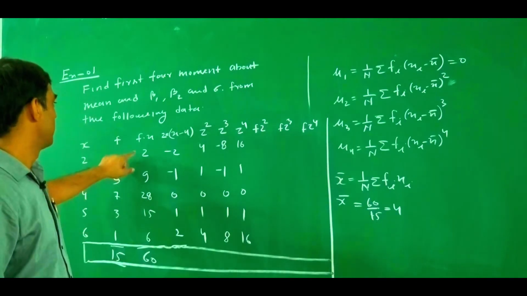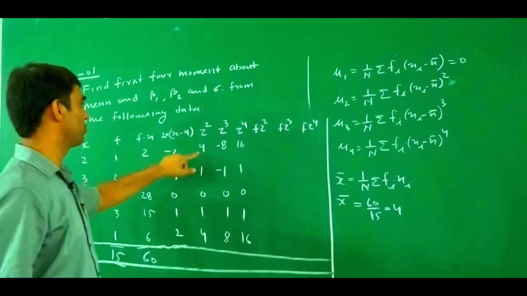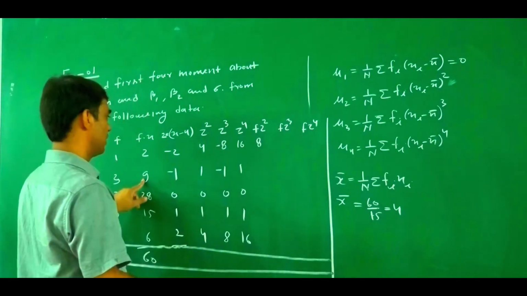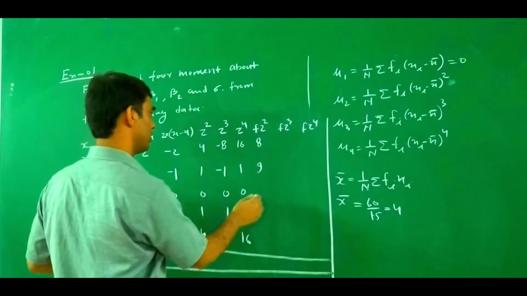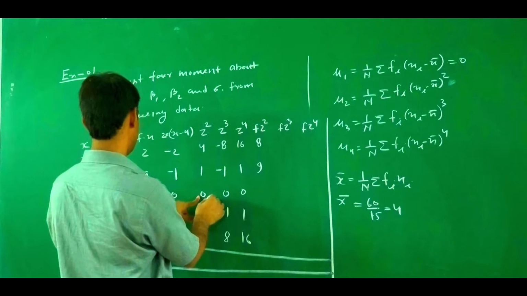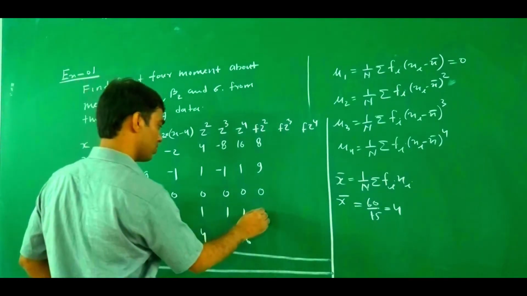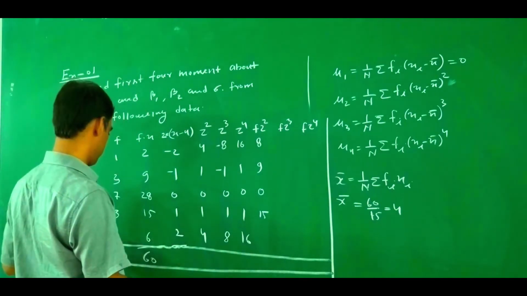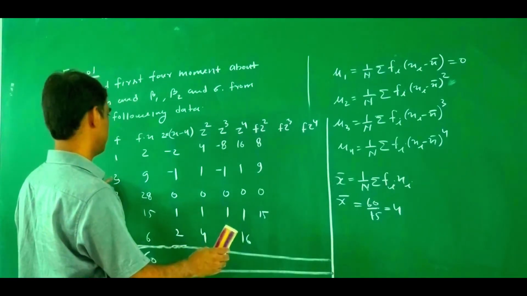So f into z square. 2 into 4, this is 8. 9 into 1, this is 9. 28 into 0, this is 0. Sorry, something went wrong here.